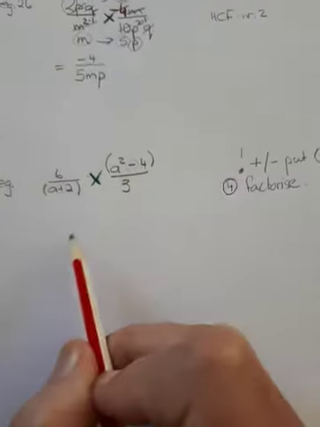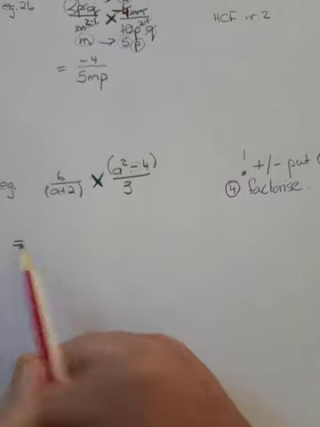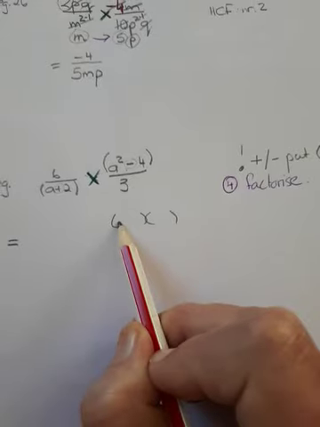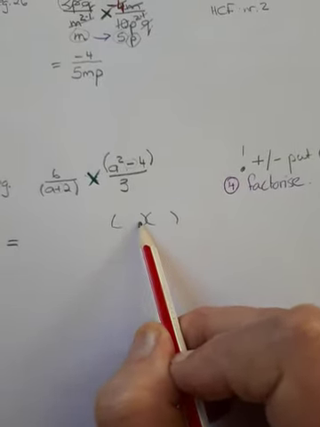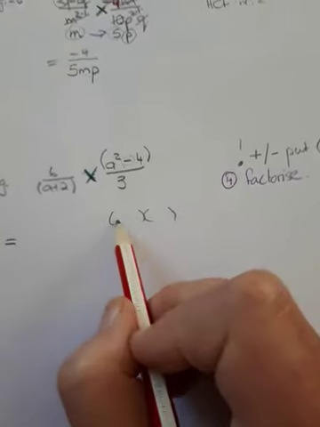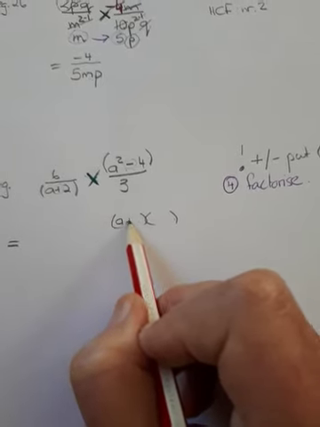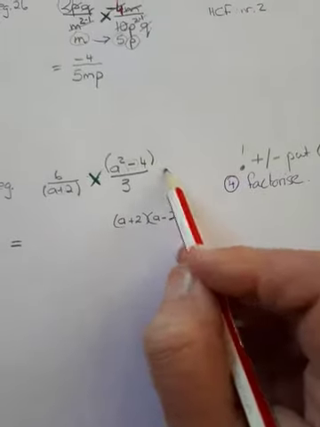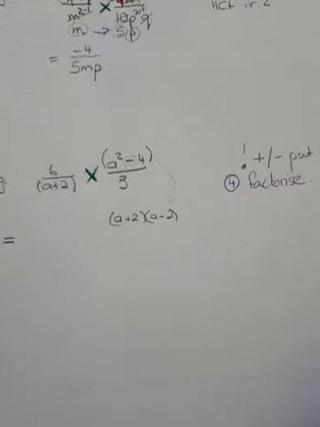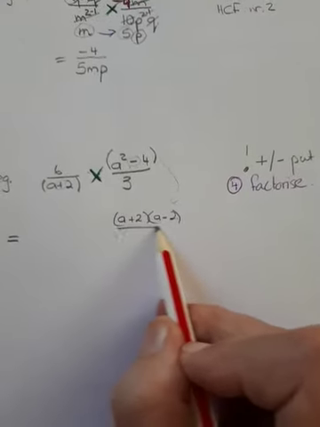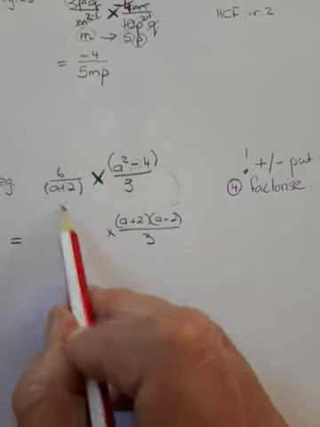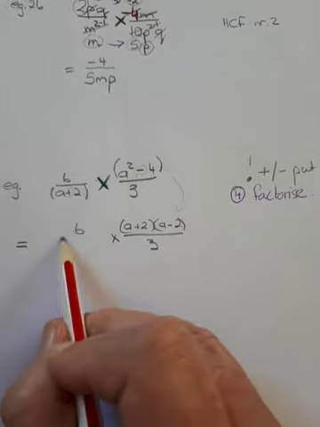And this you should recognize as a difference between two squares. And remember, our donkey bridge is block plus circle, block minus circle. So this becomes a plus 2 and a minus 2. So that is the factorization of the difference between two squares. So that denominator remains 3. Then that numerator remains 6.